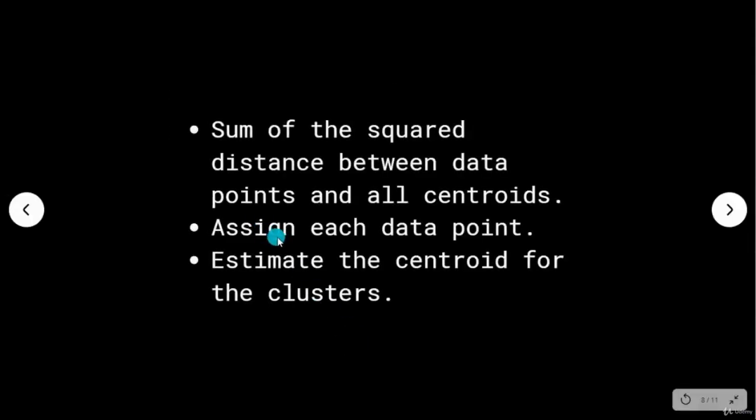Next, we calculate the sum of the squared distance between the data points and all centroids. Now, assign each data point to the closest centroid or cluster. Lastly, estimate the centroid for the clusters by taking the average of all the data points that are assigned to each cluster.